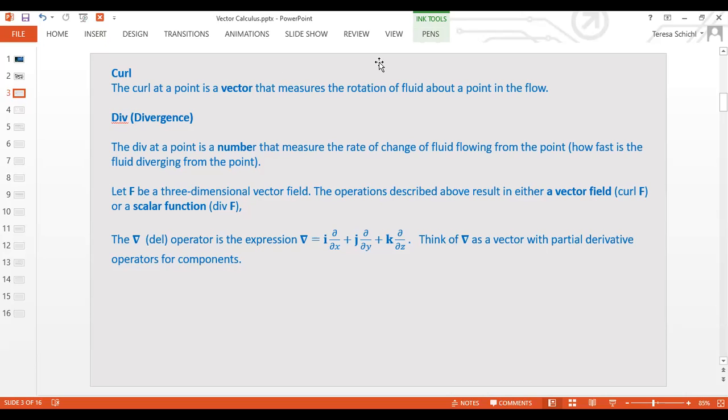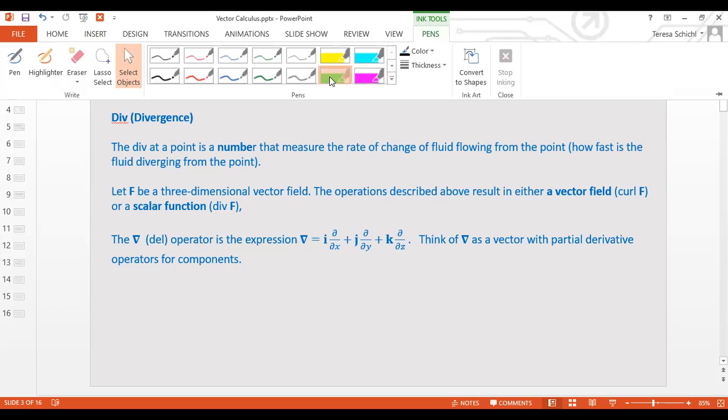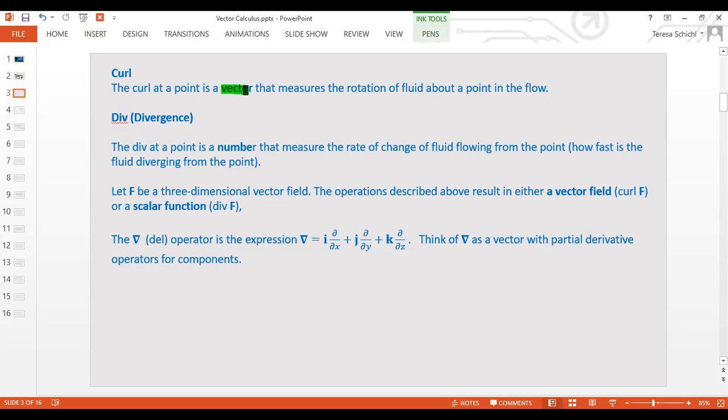The curl here is a vector, and it measures the rotation of the fluid about the point. Then divergence here is a number, and it measures the rate of change of the fluid flowing from point to point. And then we defined this del operator, right?